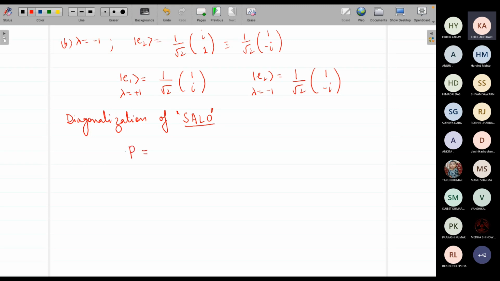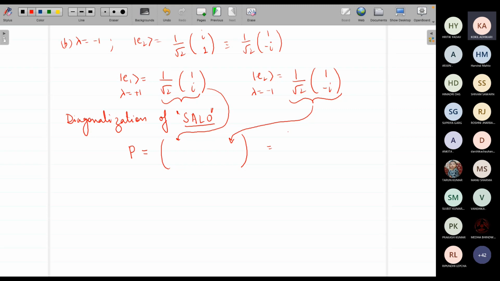I am going to make a matrix out of these eigenvectors. Remember, this is one of the questions which somebody asked in one of the earlier classes: Sir, what happens to the similarity transformation using the eigenvectors? So I'm going to do that and then we will discuss that. I am just going to put this guy as the first one and this guy as the second one.